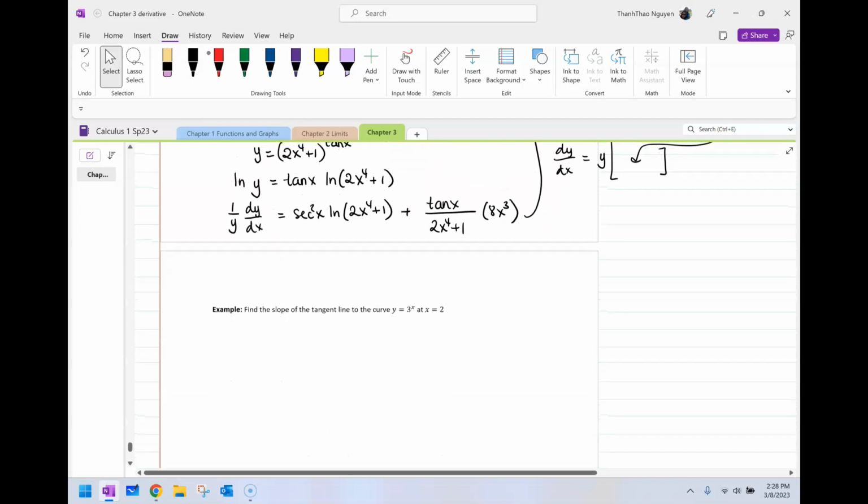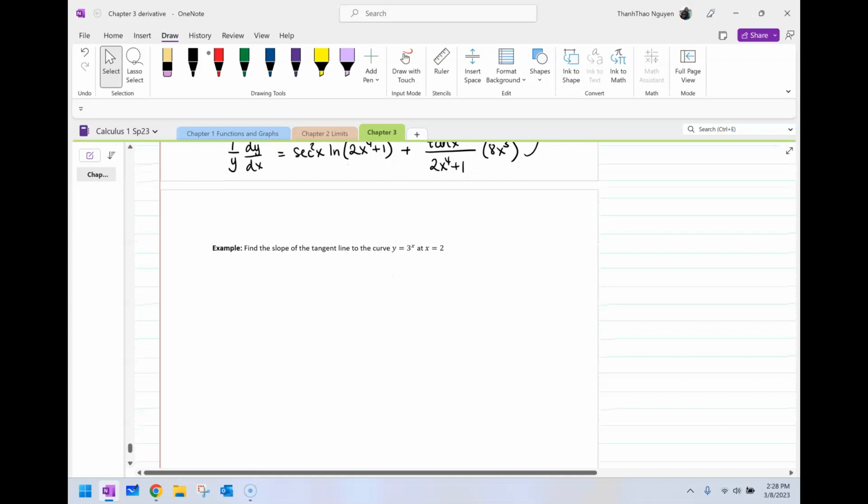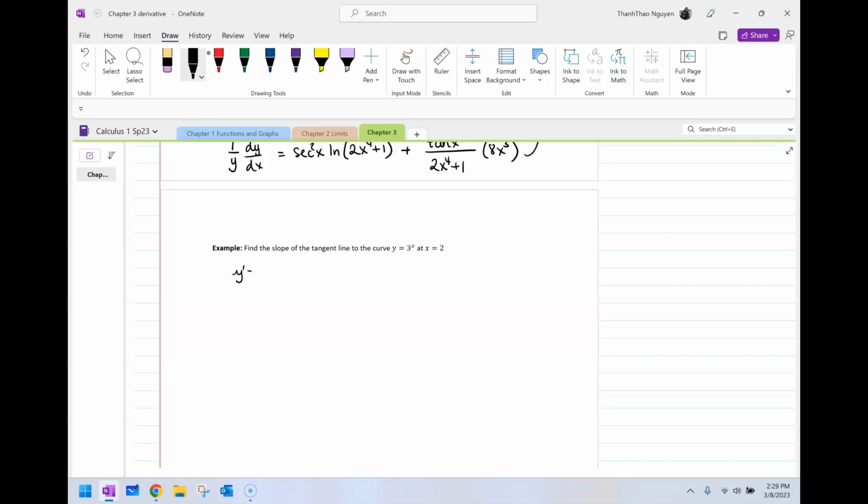Find the slope of the tangent line to the given curve at x equal 2. In order to find the slope, first we need to calculate the derivative. So y prime here equals 3 to the x times ln of 3.